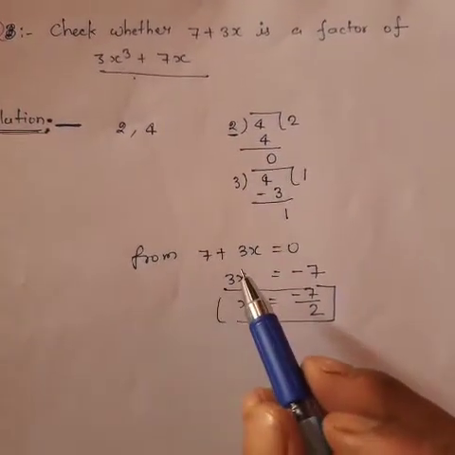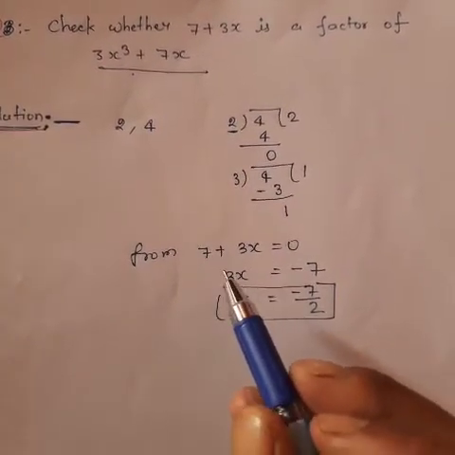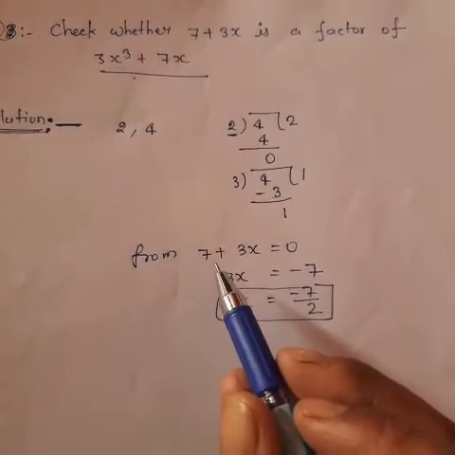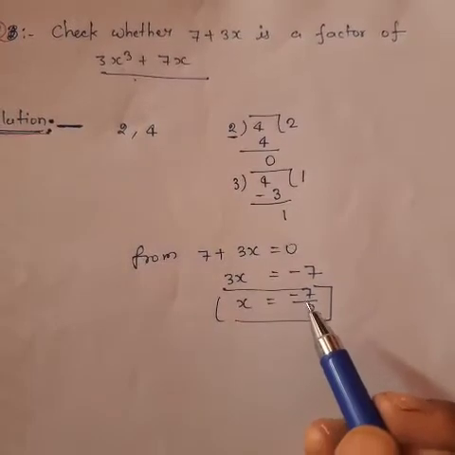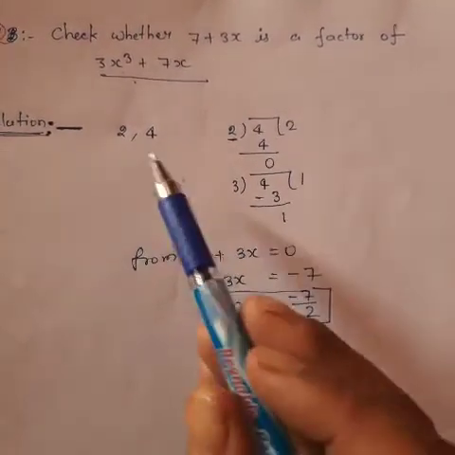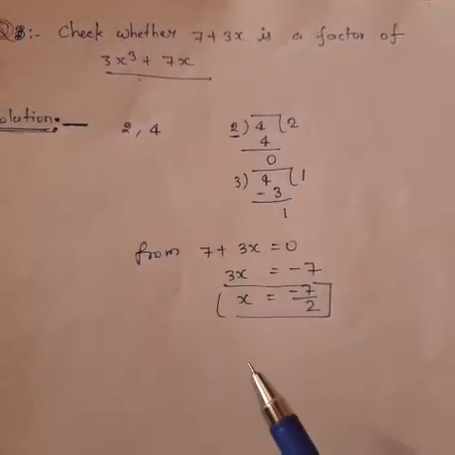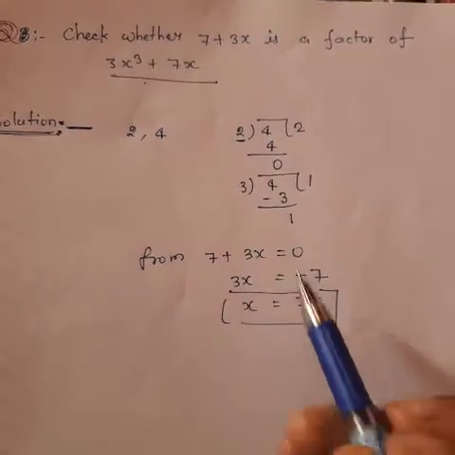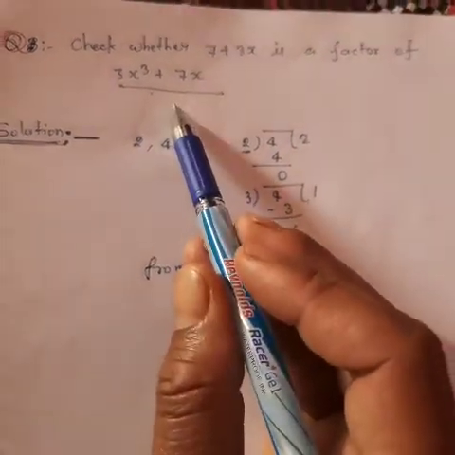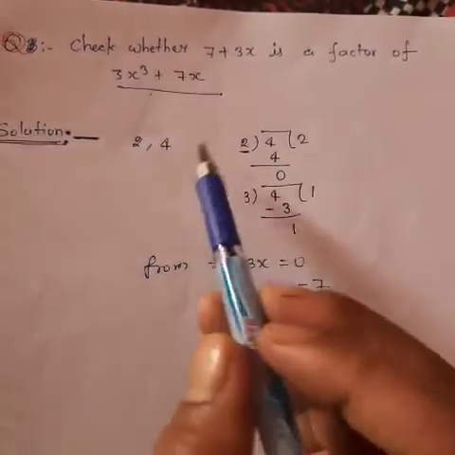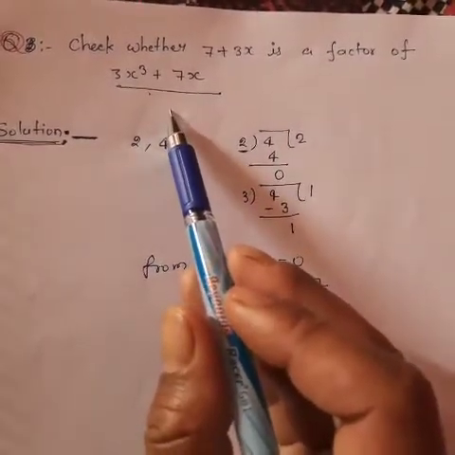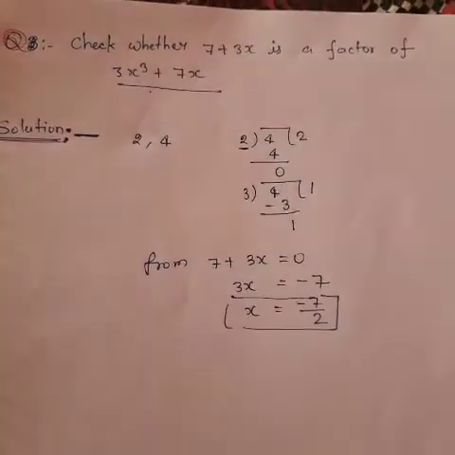If 7 plus 3x is a factor of the given polynomial, it means from this 7 plus 3x we can find a zero. So x equals minus 7 upon 3 must be a zero of the given polynomial. If x equals minus 7 upon 3 is a zero, whenever we put x equals minus 7 upon 3, the value of this polynomial must be 0.